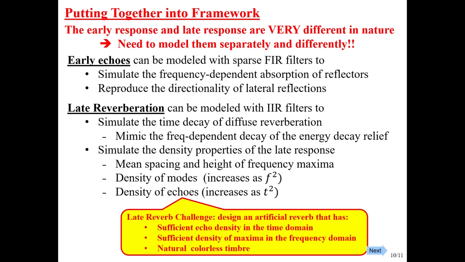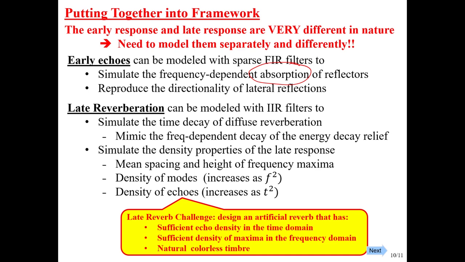So we need to capture all that, and that's the challenge. So the early echo stuff, that's pretty straightforward to think about how to do it. It might be a little tricky to figure out what the exact absorption filters are to put in there and how to space the different taps coming out of the FIR filter. But the concept is pretty straightforward. It's just a matter of tweaking it to get what you want.